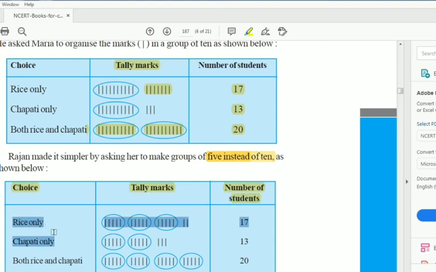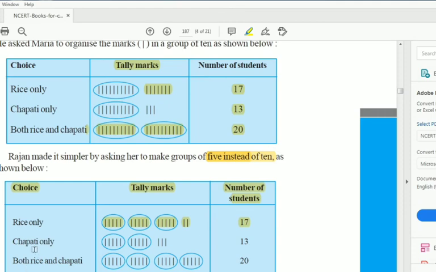The choice names are all the same: rice only, chapati only, and both rice and chapati. Instead of 10, here Rajan makes groups of 5. So this is a first group of 5, this is a second group of 5, this is a third group of 5. So 5 ones are 5, 5 twos are 10, 5 threes are 15, and this 2, 17. So it becomes easier and simpler than Umesh's method.